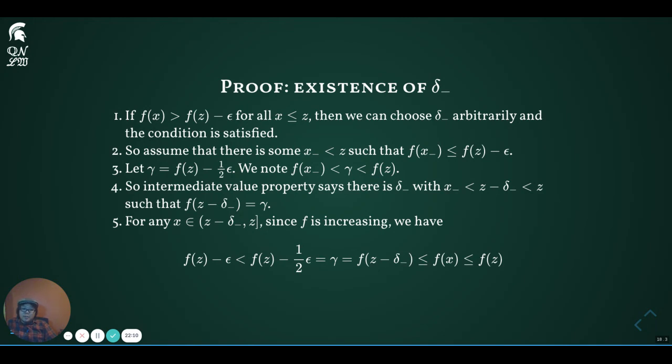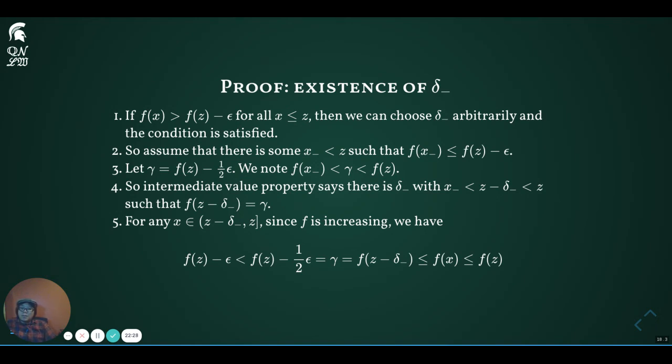Using that f is increasing, this means that any input between z minus delta minus and z will result in an output between f(z) minus 1/2 epsilon and f(z), exactly as we needed.